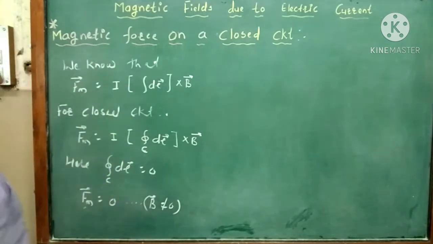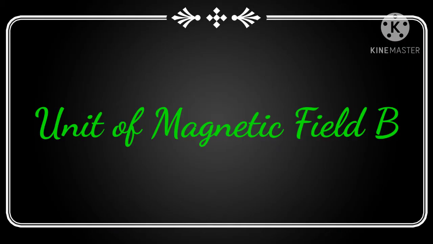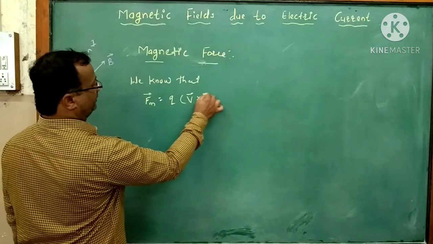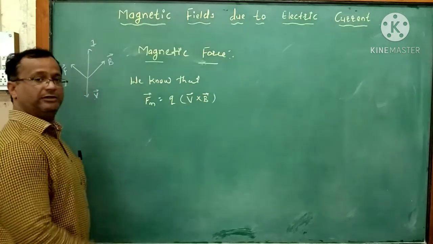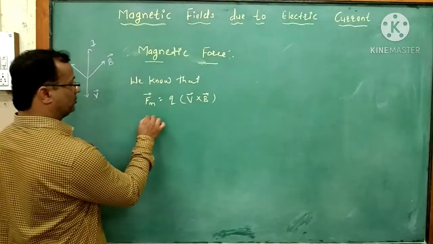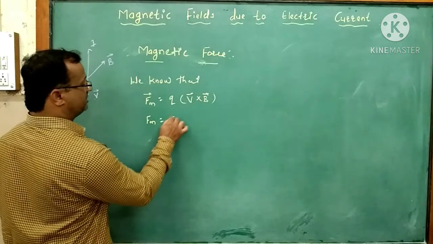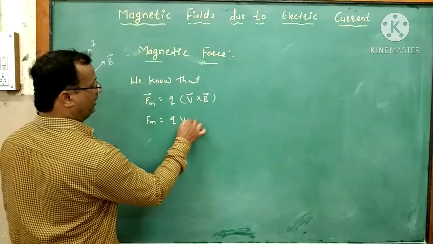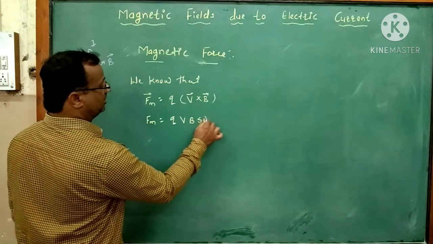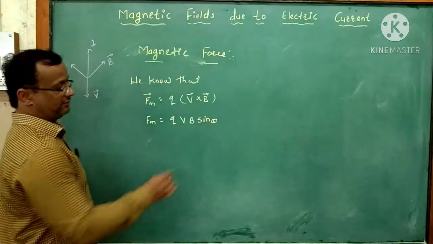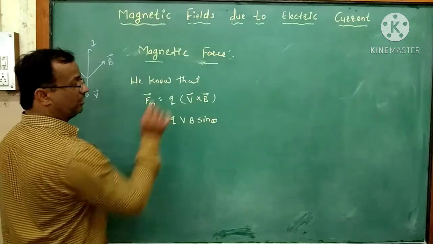Right? See all the equations. Cross B. Suppose here if you write this equation in terms of the magnitude, so what we get there? Fm is equal to Q into V into B into sine theta. Here sine theta is due to the cross product.